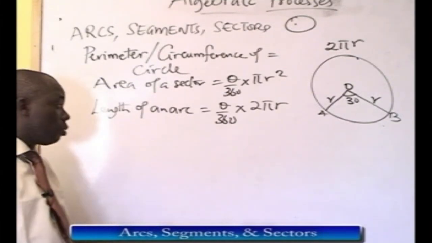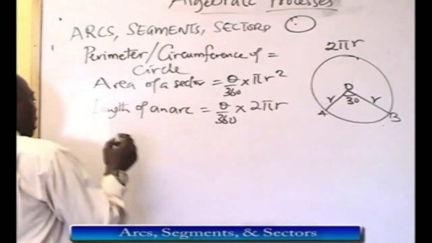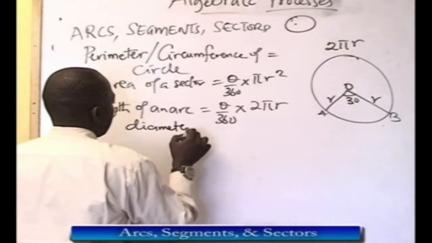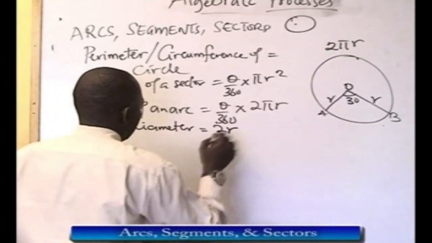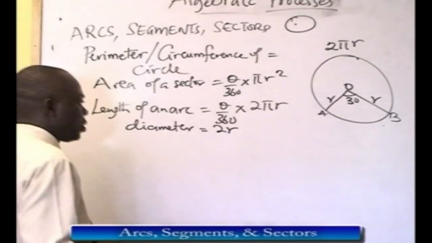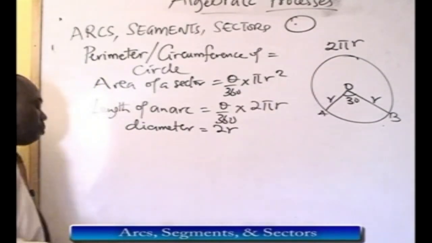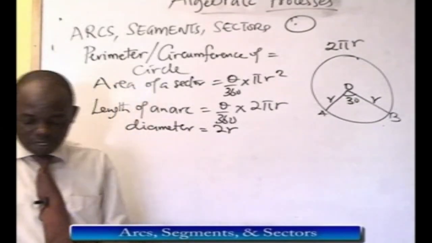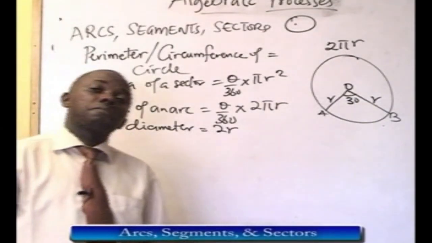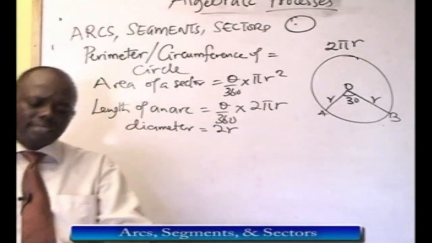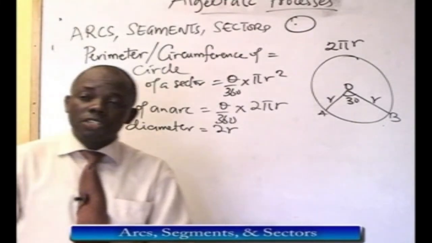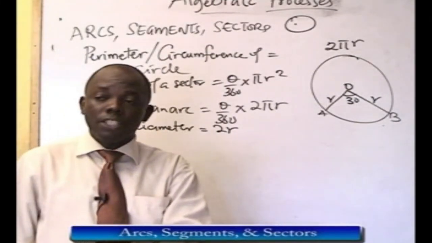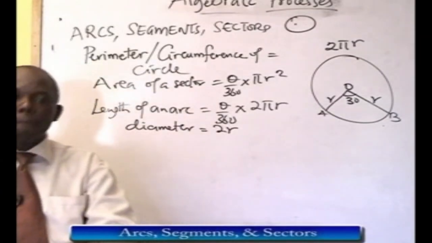Again, I think it will be good for me to let you know that the diameter is the same thing as 2 radii. Multiply the radius by 2, that's the value of the diameter. In case a question presents itself and you are not given the radius of that circle, you are given the diameter, for you to determine the radius, you divide the diameter by 2.